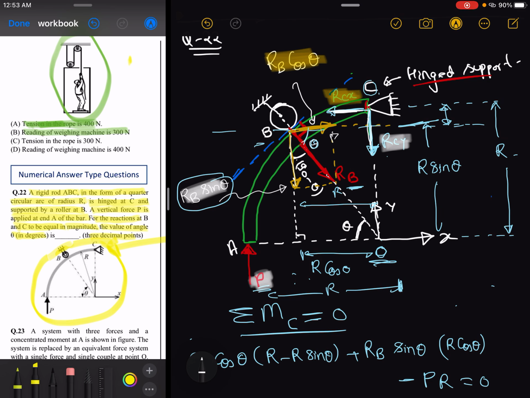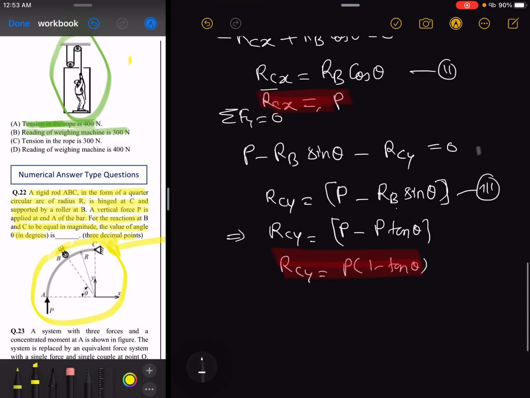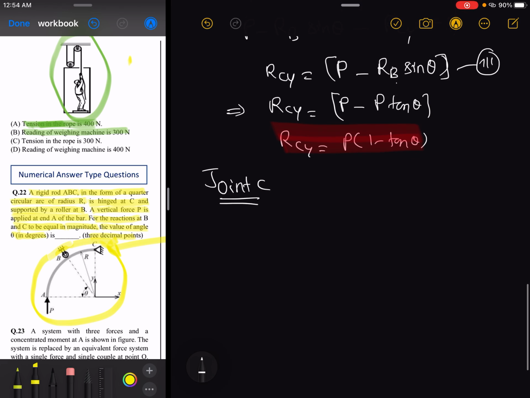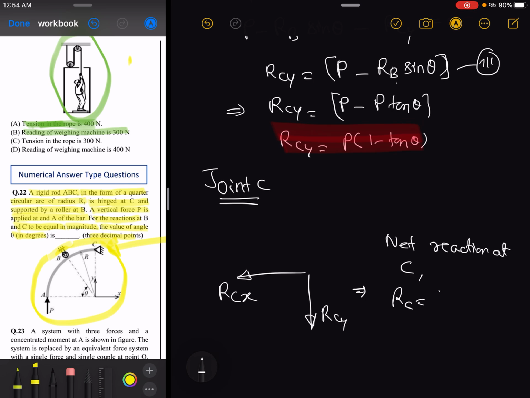So the resultant reaction will be the resultant of this RCX and RCY. The net reaction at C, that is RC, will be the resultant of these two.